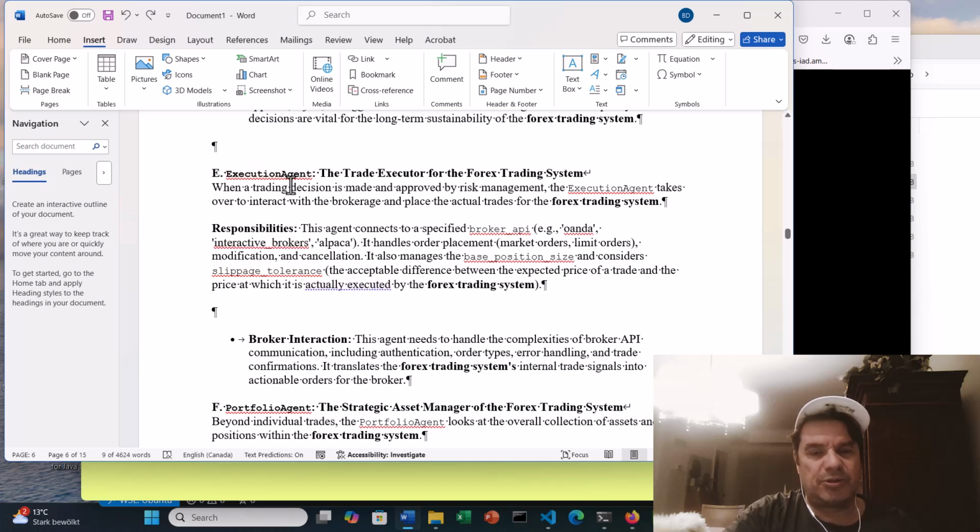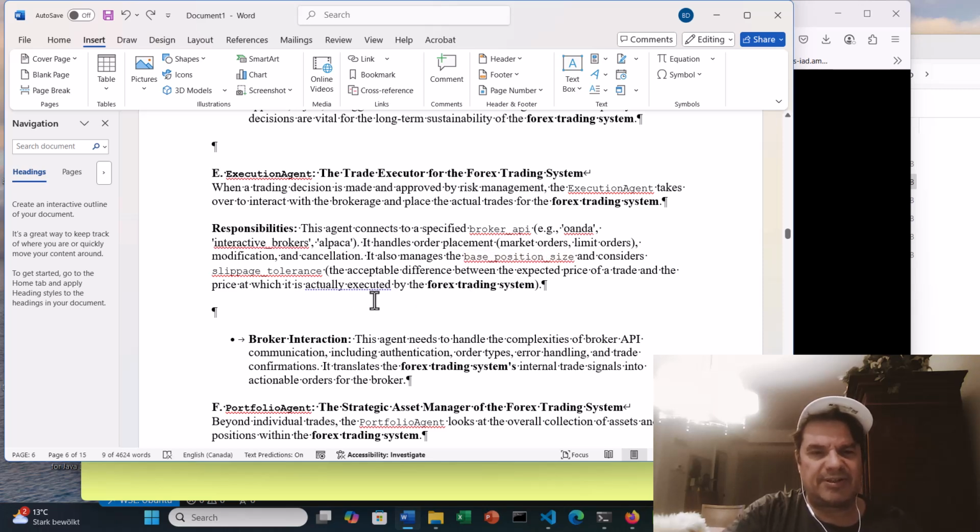So we have an execution trade executor agent to interact with a brokerage and place the actual trades. It could connect through a broker API, Oanda, Interactive Brokers. Alpaca just closed, so everybody knows. It handles order placement, market order, limit order, modification, cancellation.